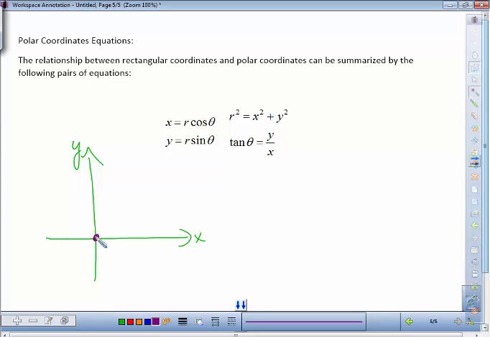The polar coordinate lives in the Cartesian world by an angle of theta measured from the positive x-axis and a radial distance of r measured from the origin.